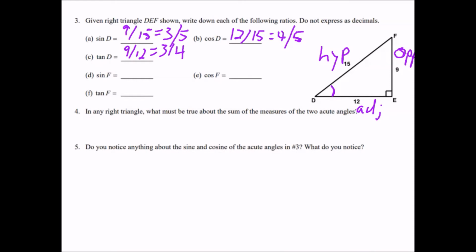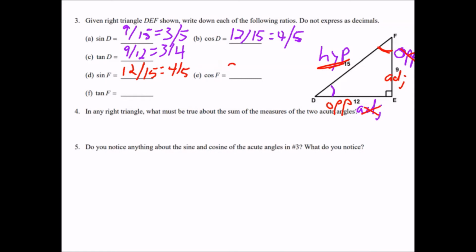All right, now for reference angle F, this one here. Basically, the hypotenuse stays the hypotenuse, but these get flip-flopped. So this is now opposite the reference angle, and this is the adjacent side. So sine of F would be opposite over hypotenuse, which is 12 over 15, which reduces to 4 over 5.